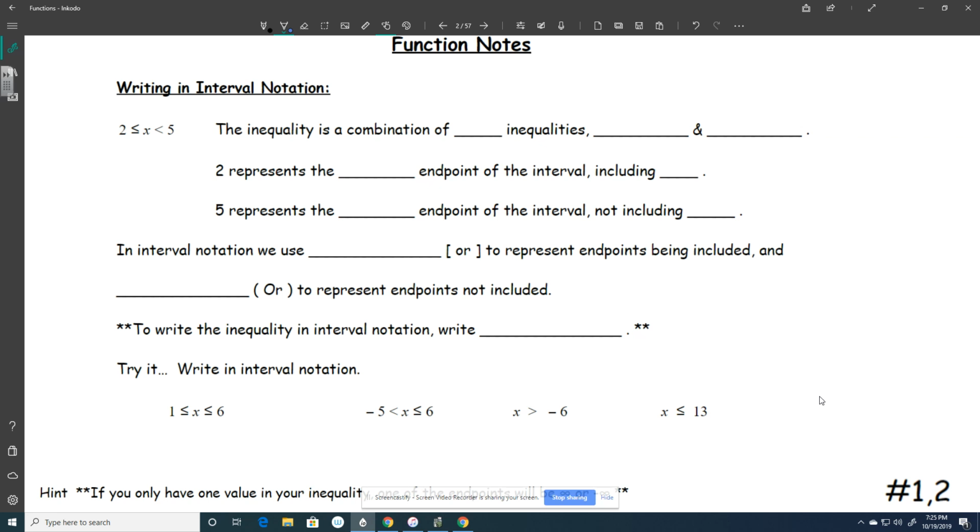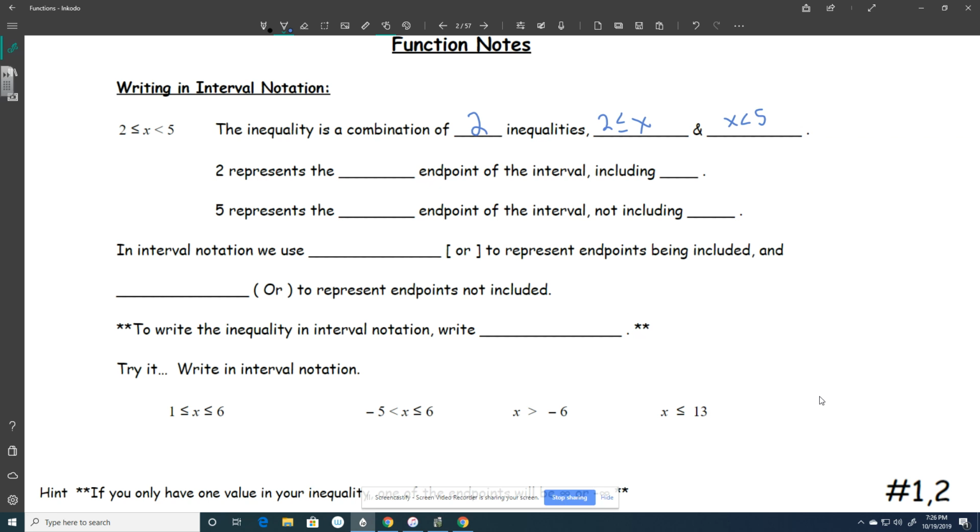So interval notation looks like this. 2 is less than or equal to x, which is less than 5. So this is an inequality, but it's a combination of two different inequalities. It's a combination of 2 being less than or equal to x and x being less than 5.